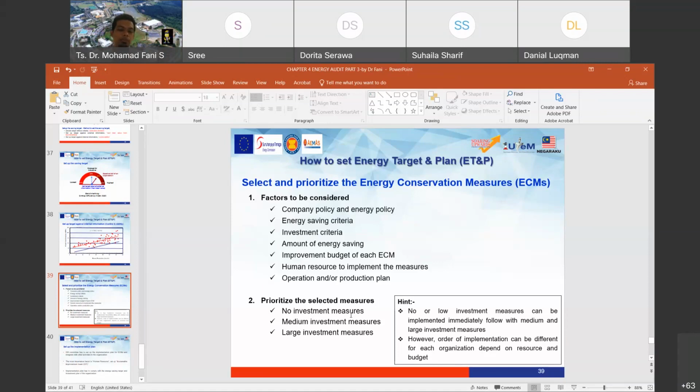Or after that, when you get the savings, the next year you can go for a large investment. The money for the investment comes from the last saving that they have.